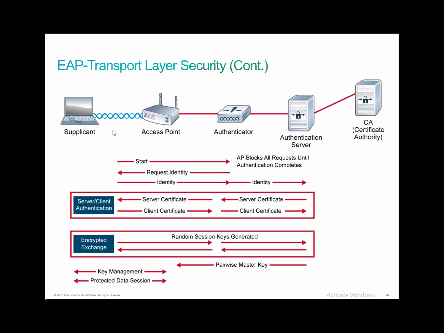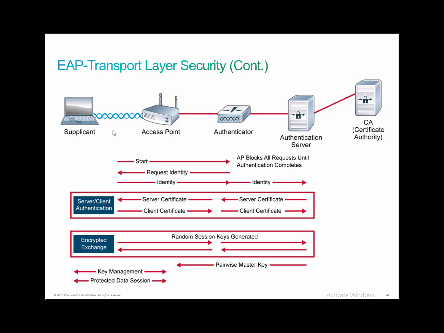That's going to provide identity and prove to the client that I'm communicating with the appropriate device. And then, of course, the client is going to send its certificate back to the authentication server.